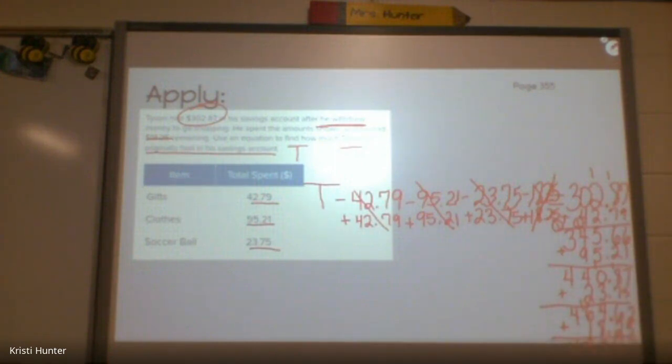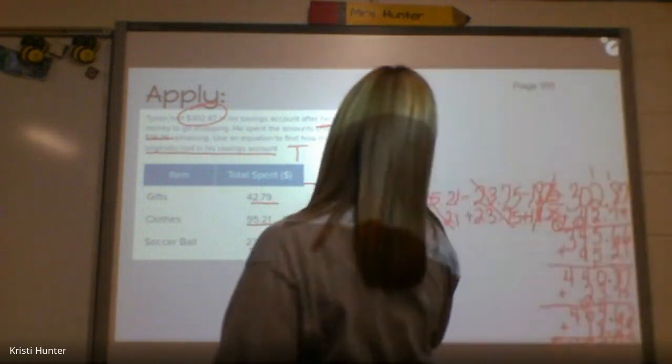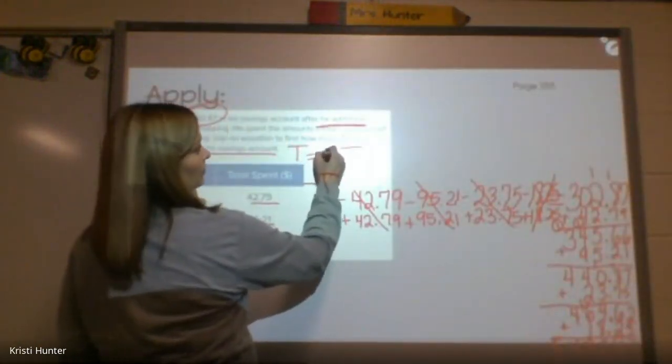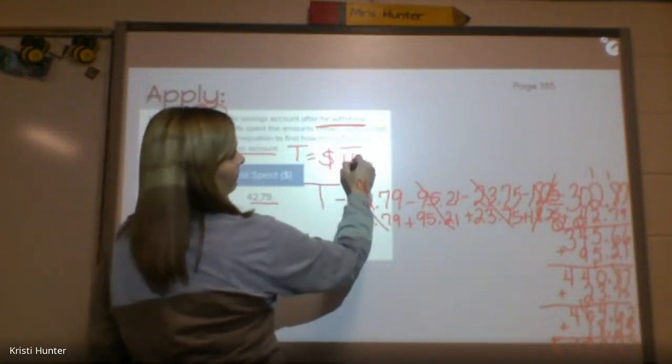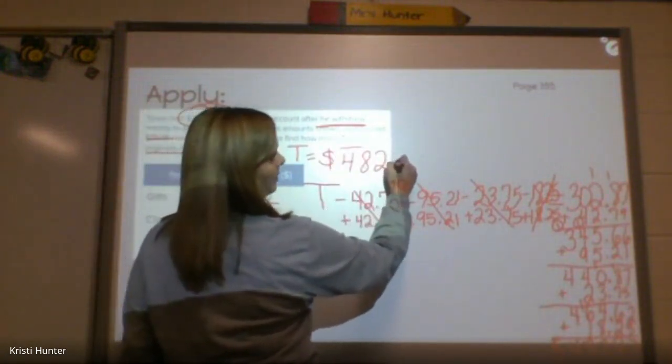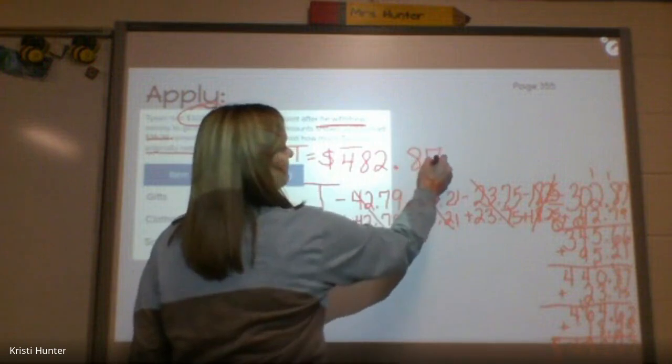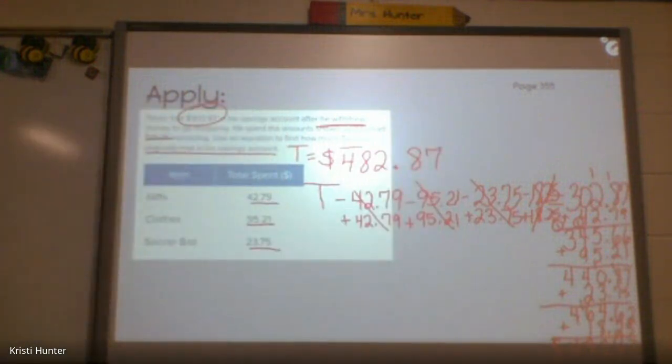So what I found is we have $482.87 when we began our shopping. Okay, so T is going to equal, his savings account had $482 and 87 cents before he went shopping.